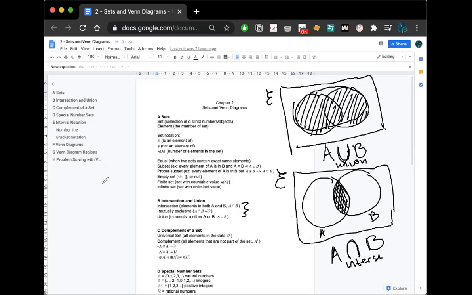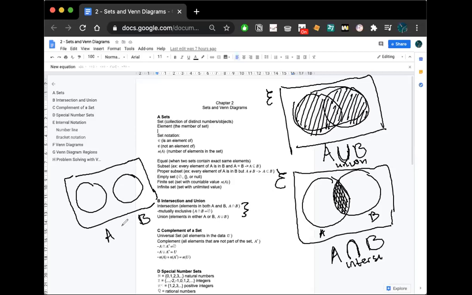There are times when the intersection doesn't exist. Wait, sorry, not doesn't exist, more like they have an empty set. So they don't have an intersection. This is usually seen in the case when two sets are mutually exclusive, like this.